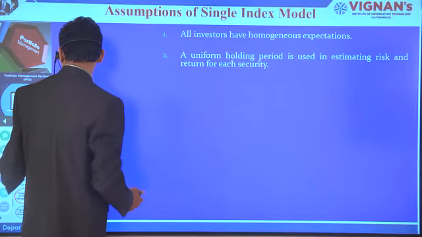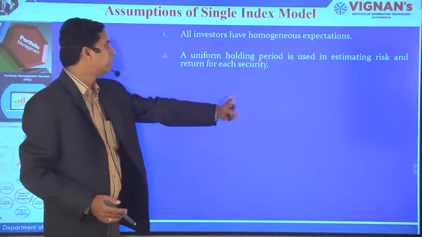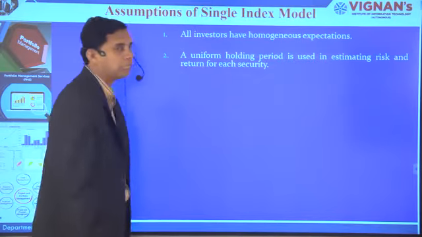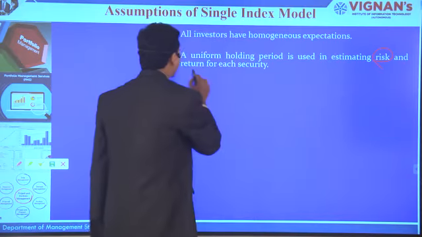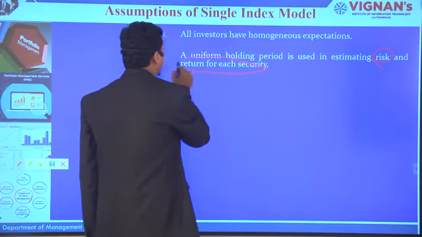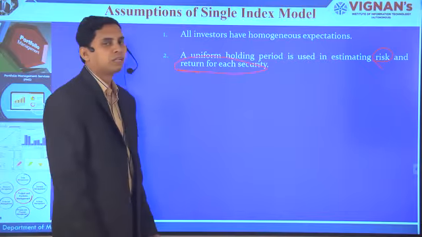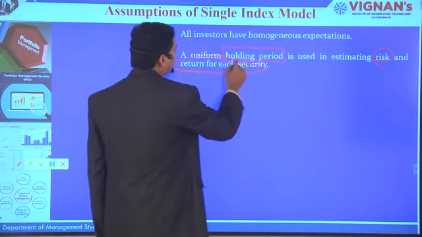And the second one is that a uniform holding period is used in estimating the risk and return of each security. In this process of the single index model, we are estimating the risk, and we are also estimating the return of a security. During this process, we are supposed to consider a fixed or uniform holding period.